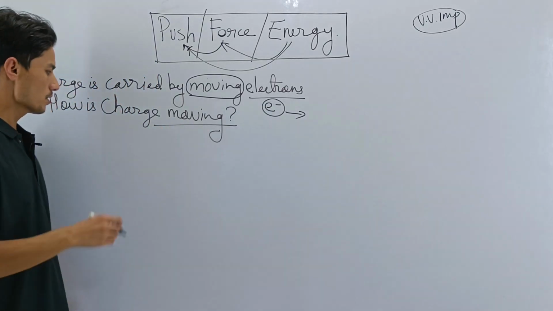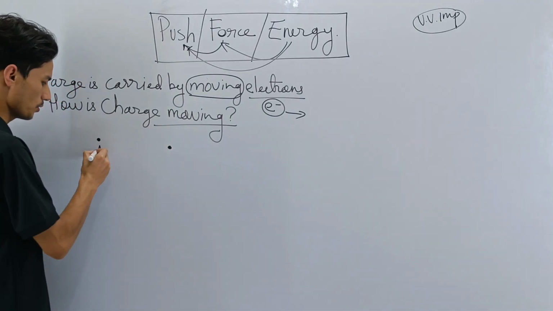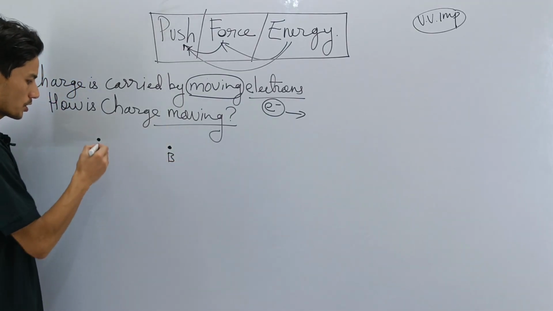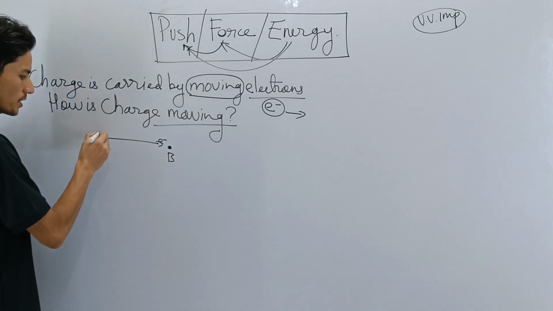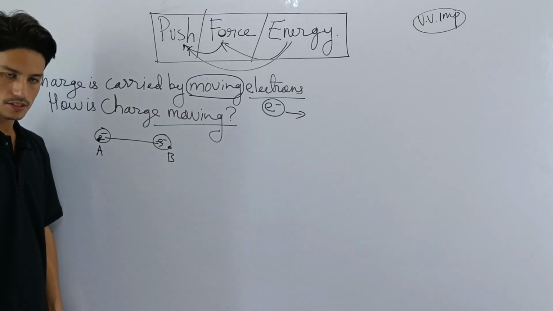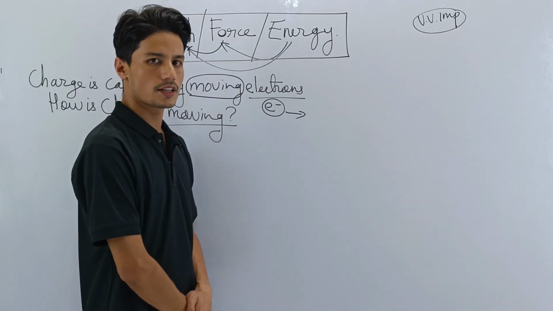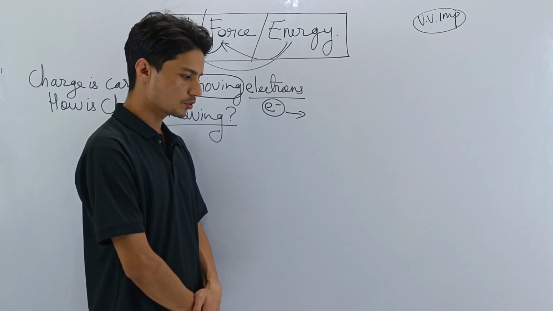Movement means moving from one point to another point. Let's say from point A to point B. So the electron was here, and now the electron is going here. Isn't that what movement is? If I stand here and just let time go, am I moving? No, this is not called moving.